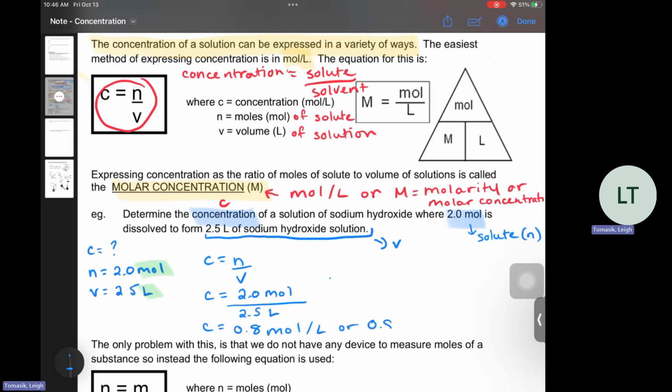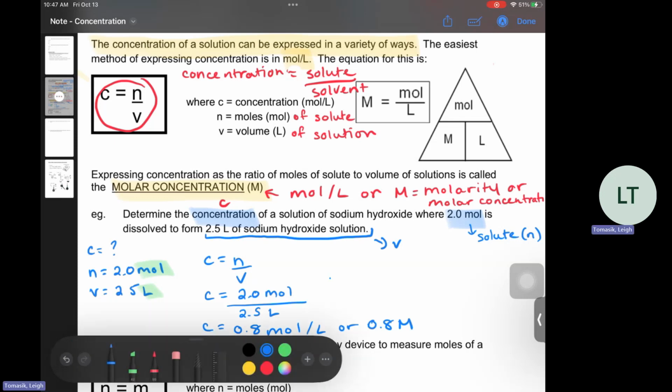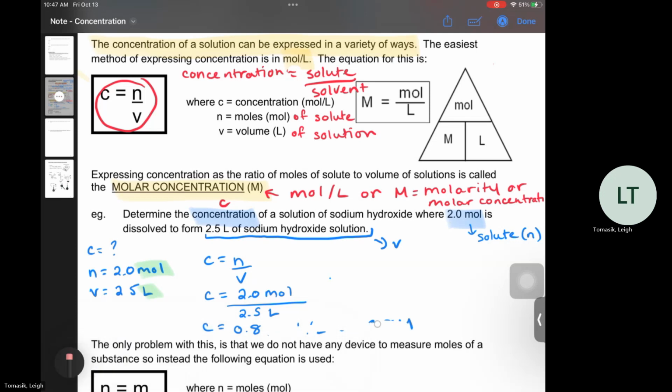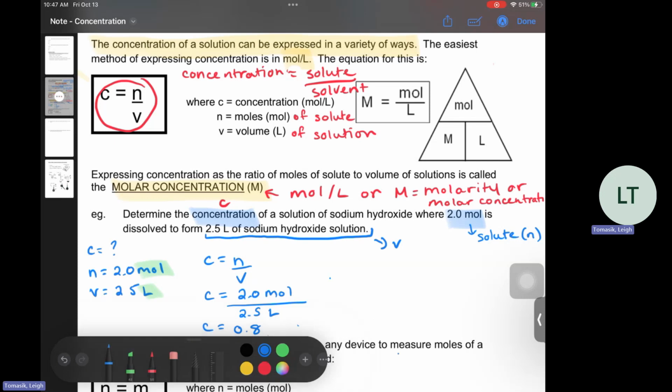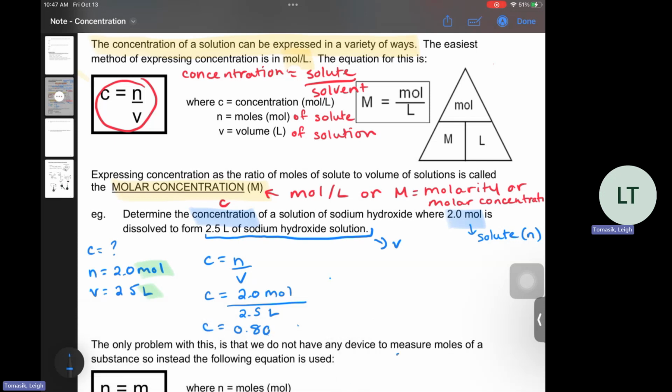Oh, hold on one second. We've made a mistake. 2.0 and 2.5 are to two significant digits, so we should write 0.80 moles per liter, or 0.80 M.